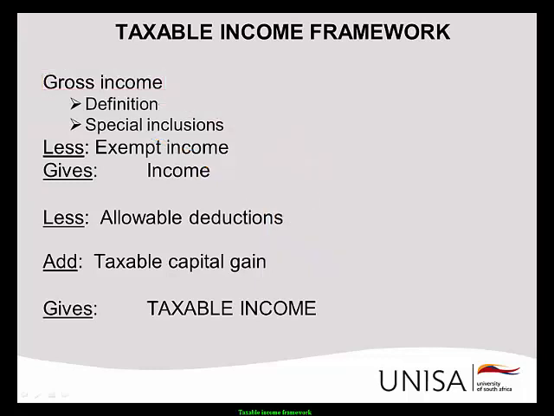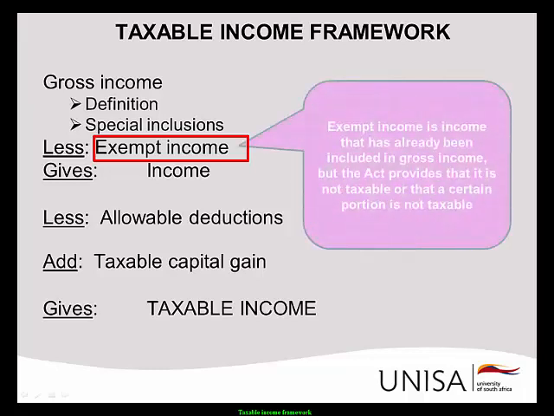Now, after you've calculated the big total of gross income, the Income Tax Act makes provision for some amounts that you've already included in gross income to be taken out of taxable income. We refer to these as exempt income. In terms of exempt income, we can only deduct something that has already been included in gross income.